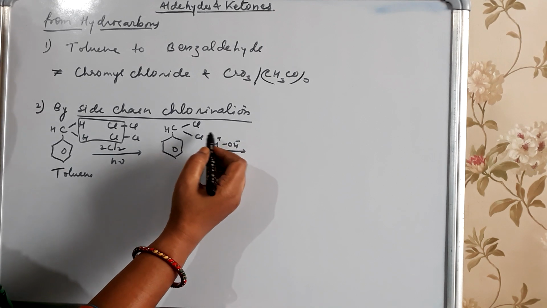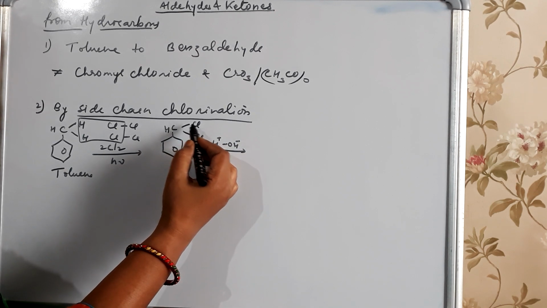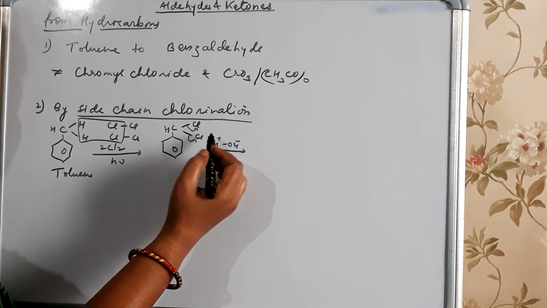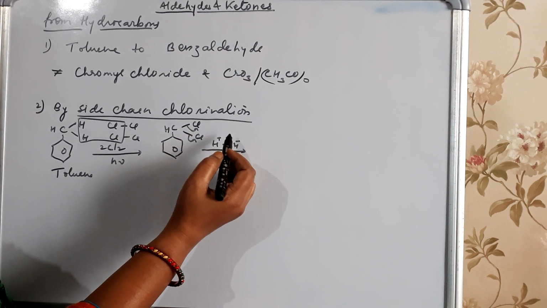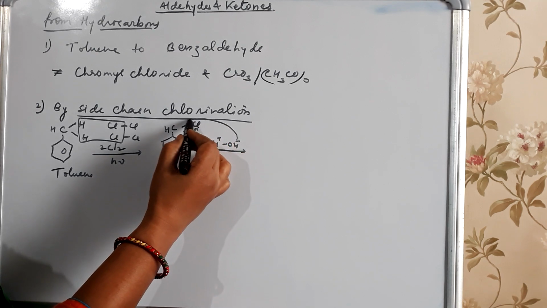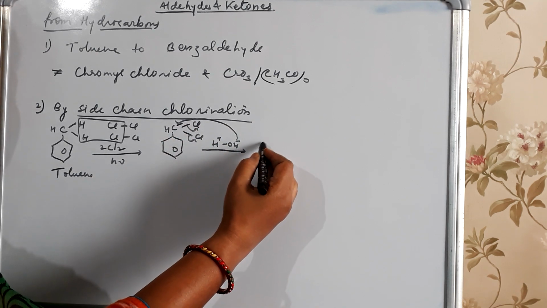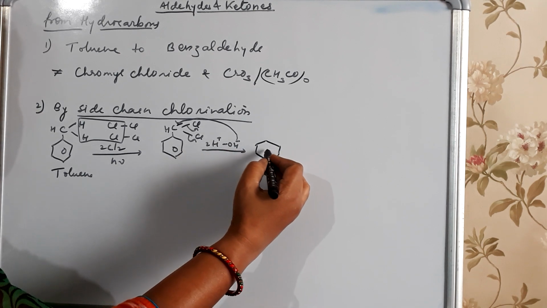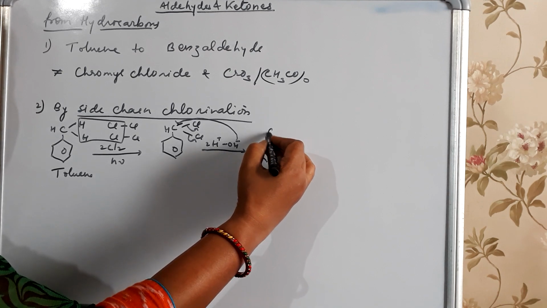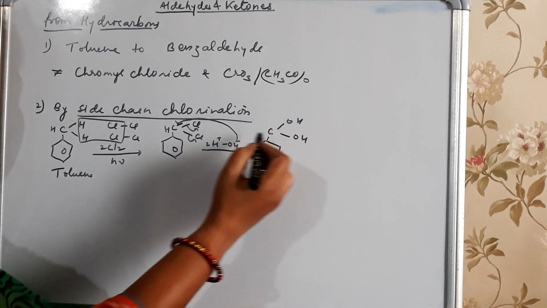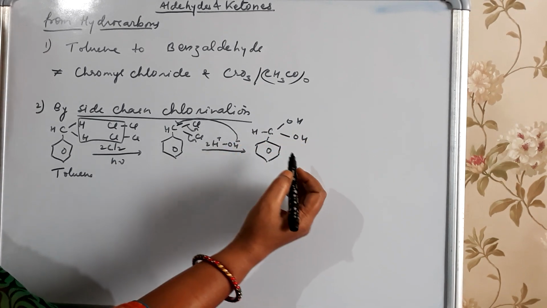At first we know the chlorine is a good leaving group, so it is removed from here by taking its electrons. So hydroxide ion goes on this carbon and the formation of carbon with two hydroxyl groups and hydrogen.